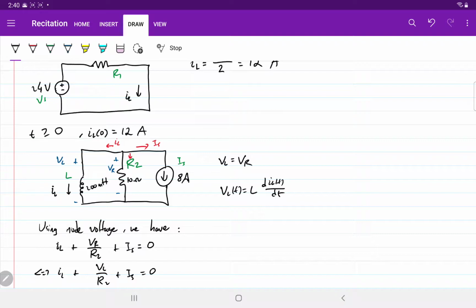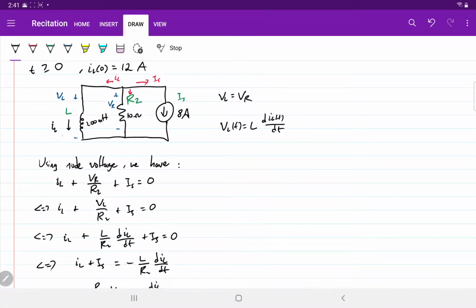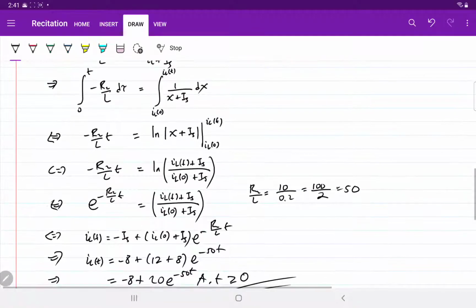Theoretically or ideally there's no resistance there, but you still have the 10 ohm resistor here. Since this wire doesn't have any resistance, all the current will be flowing through this wire instead of this resistor, because why would the electrons flow through something that has resistance in it? So essentially you will have minus 8 amps when t is approaching infinity.